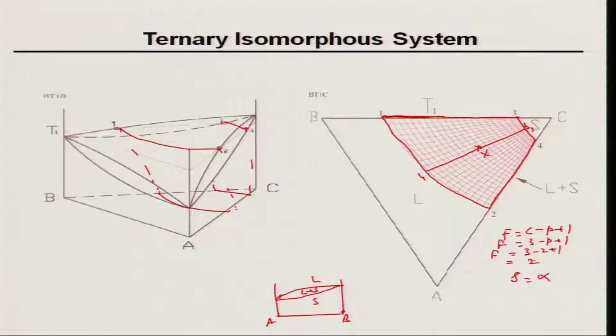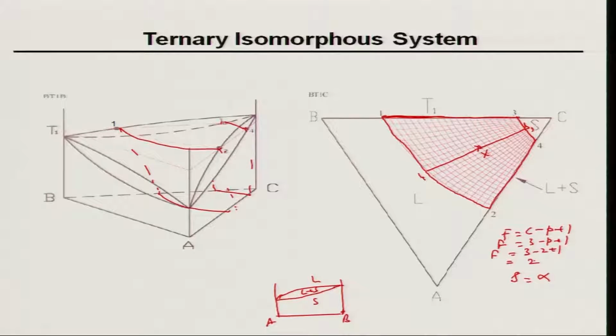It is a bivariant system. The degrees of freedom is given by C minus P plus 1. There are 3 components, so C is equal to 3. In the 2 phase region, there are 2 phases, solid plus liquid, so P is 2. So 3 minus 2 plus 1 is equal to 2. So it is a bivariant system, please remember that.